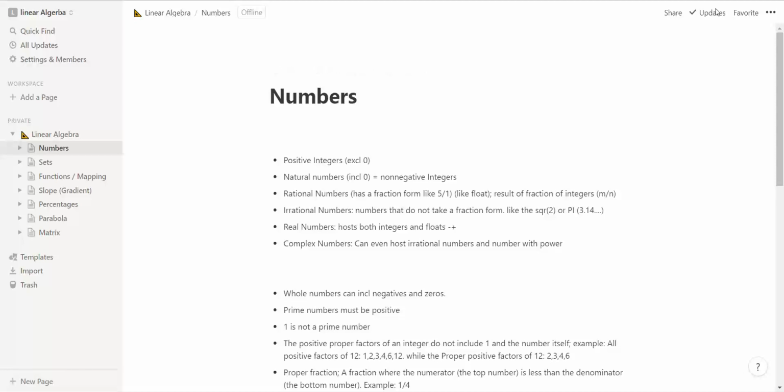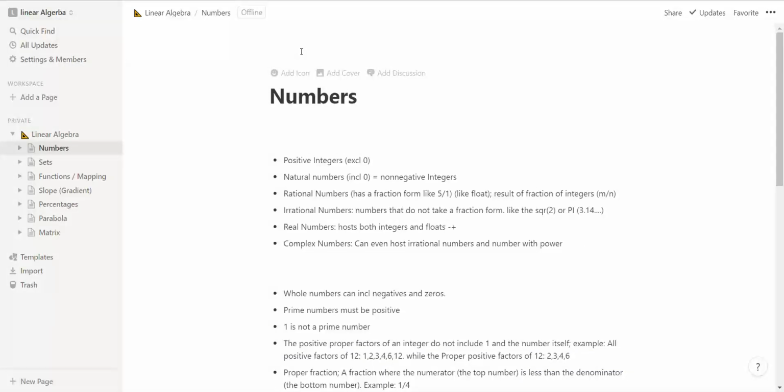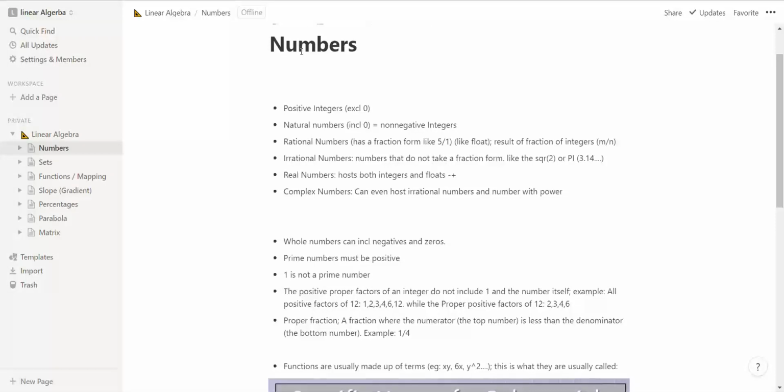So with the numbers, what's the deal with the numbers? We've studied the numbers, and we know positive numbers exclude the zero. We have the prime numbers. Prime numbers do not include the one, and they must be positive, and one is not really a prime number.